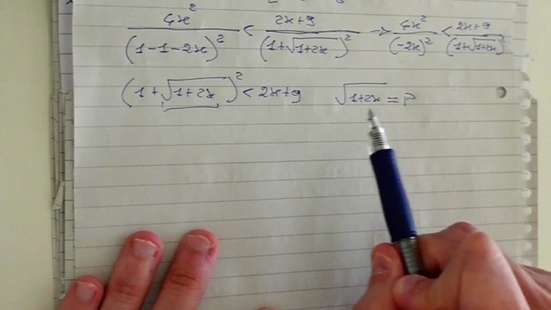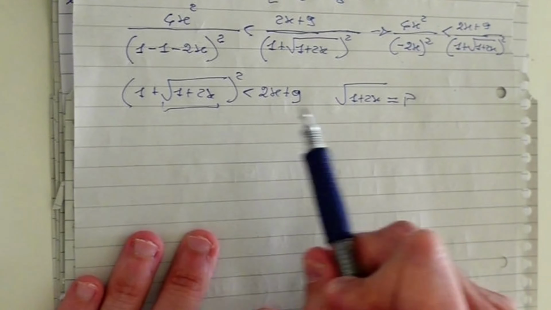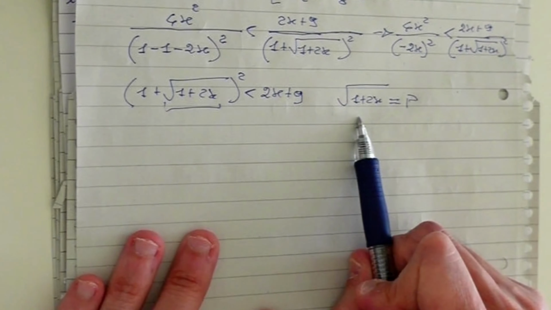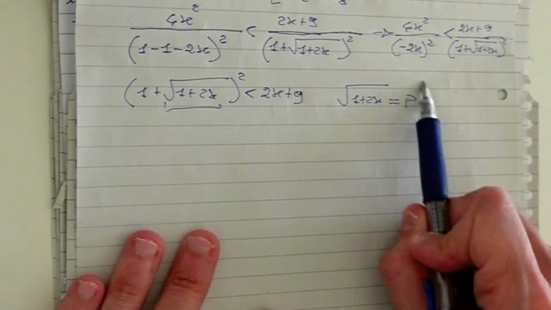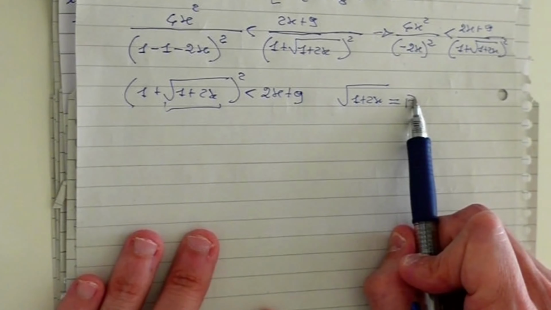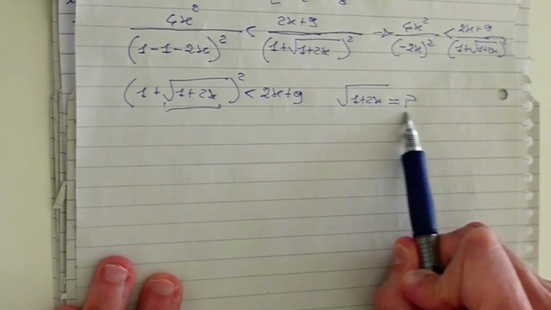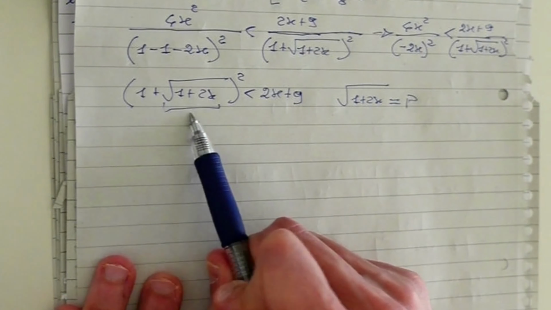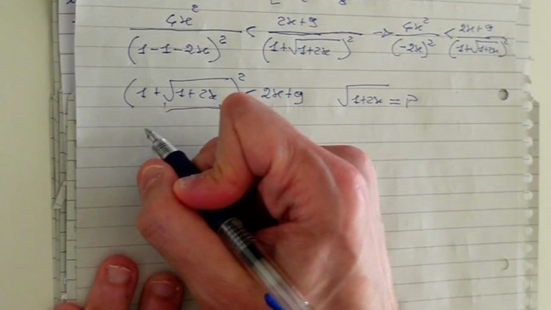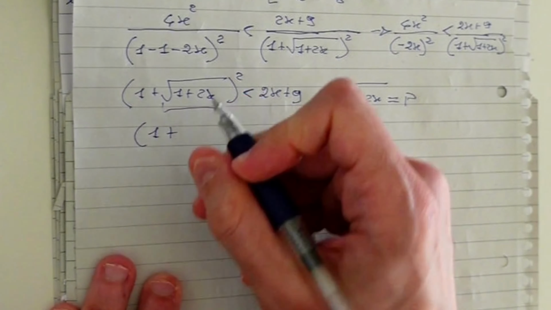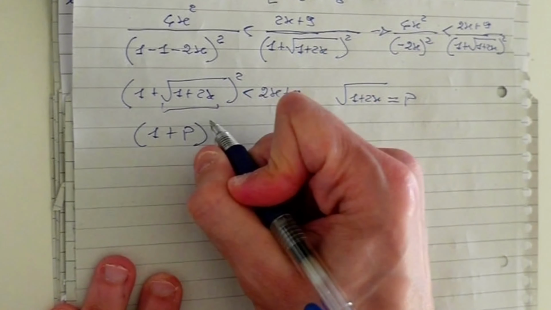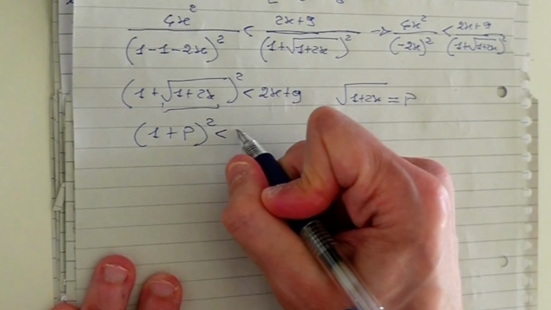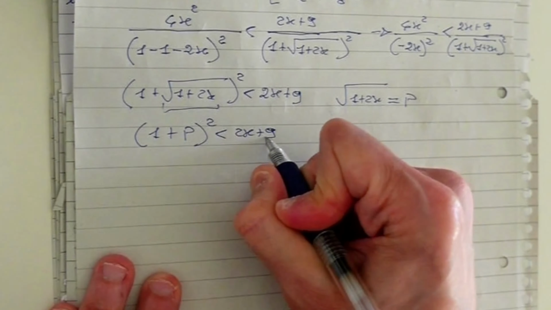Again, it is the change of parameters principle. We change the parameters. This is no longer nonlinear, and we have another term that is a linear term. So in this case, it turns into 1 plus p squared less than 2x plus 9.